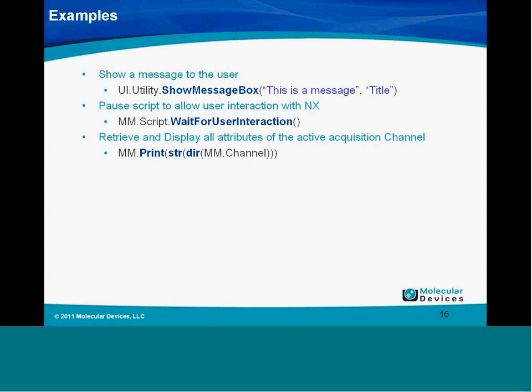Now, MetaMorph NX's IntelliSense, the scripting interface, is going to allow you to look up the values inside the interface. So you can type in .channel, whatever, and it'll tell you what is available for each section, and I'll go into that when we switch over to NX.